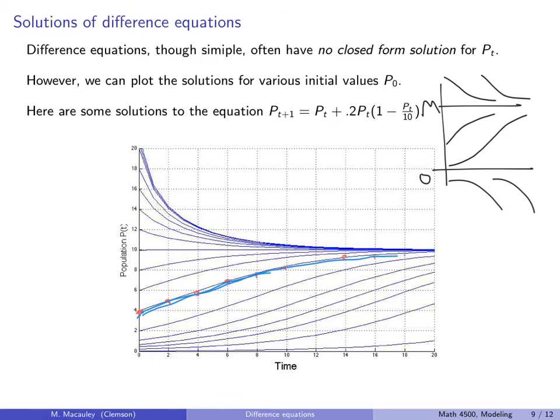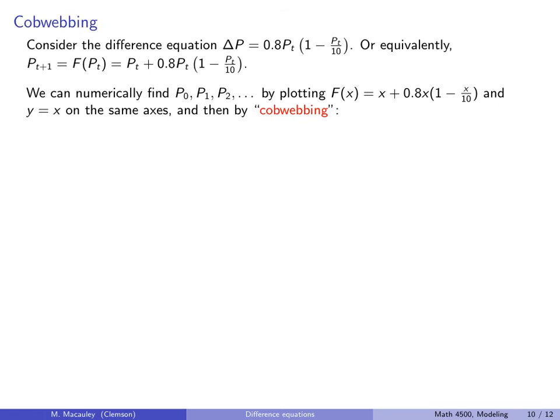So the difference equation really is a discrete version of the differential equation. Now, we will see that there are cases when this does not hold. There are phenomena that will happen for certain parameter values for difference equations that we do not see for differential equations. And we'll see that shortly.